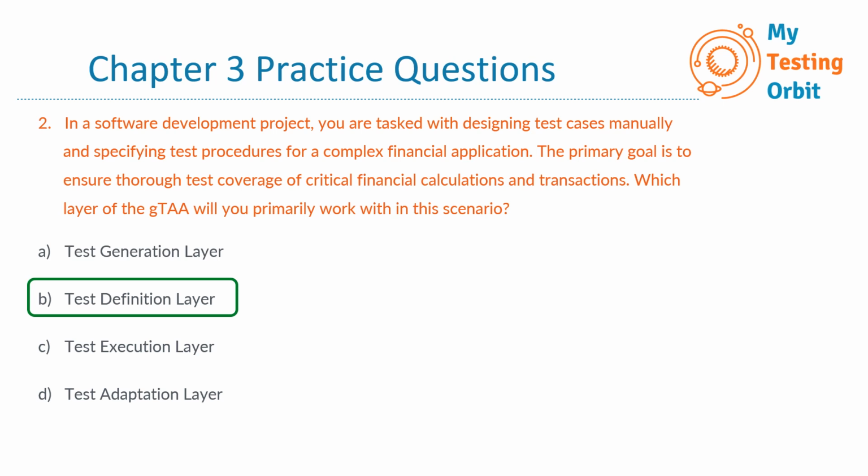This is incorrect because the test execution layer is responsible for executing test cases and logging test case execution and reporting the test results, which is not the primary focus in this context. And the last option, D, test adaptation layer, is incorrect because the test adaptation layer deals with adapting automated tests for different components or interfaces of the SUT, which is not the primary concern when designing test cases manually.